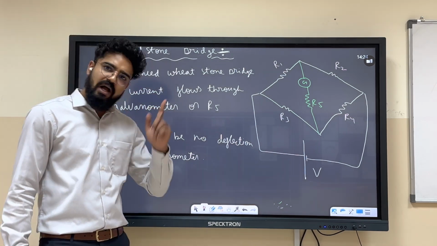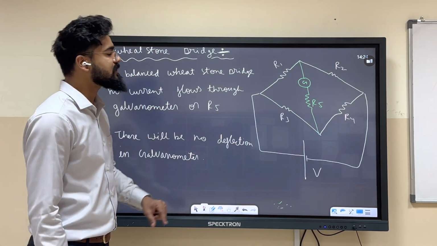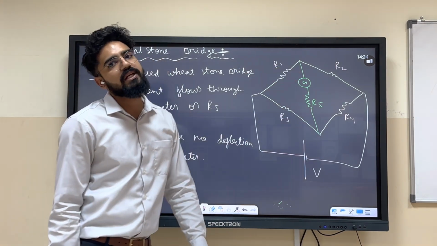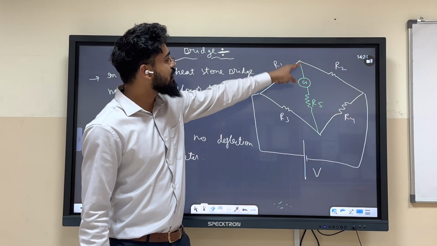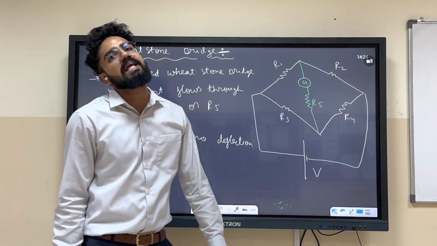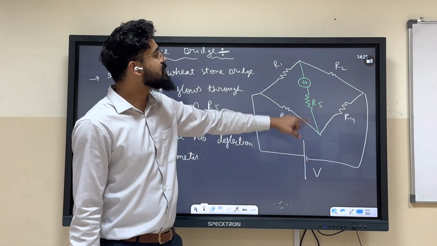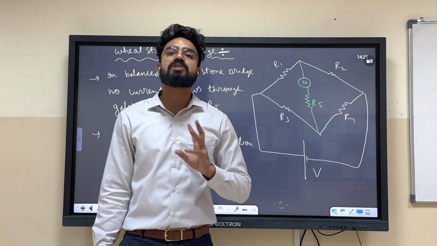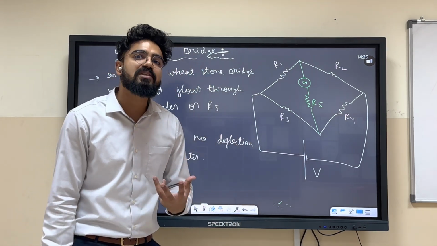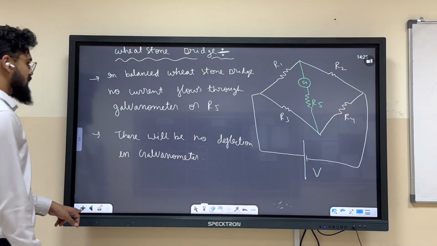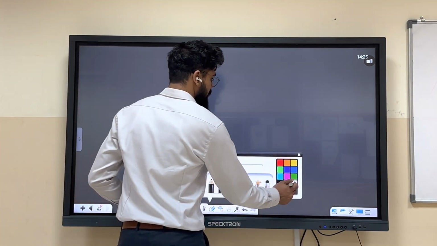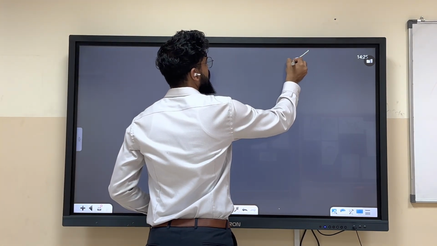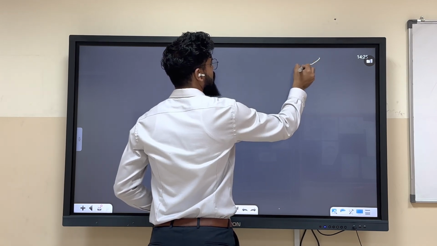Now you might wonder, how can we achieve this? The only way is if the potential over here and over here becomes the same. If the potential difference is 0, current will be 0. That's the only way to have a balanced Wheatstone bridge.